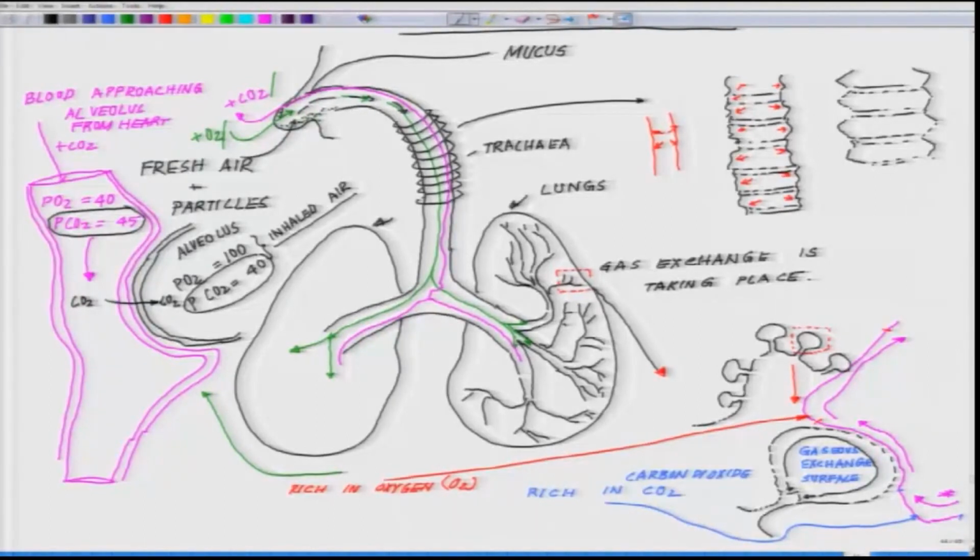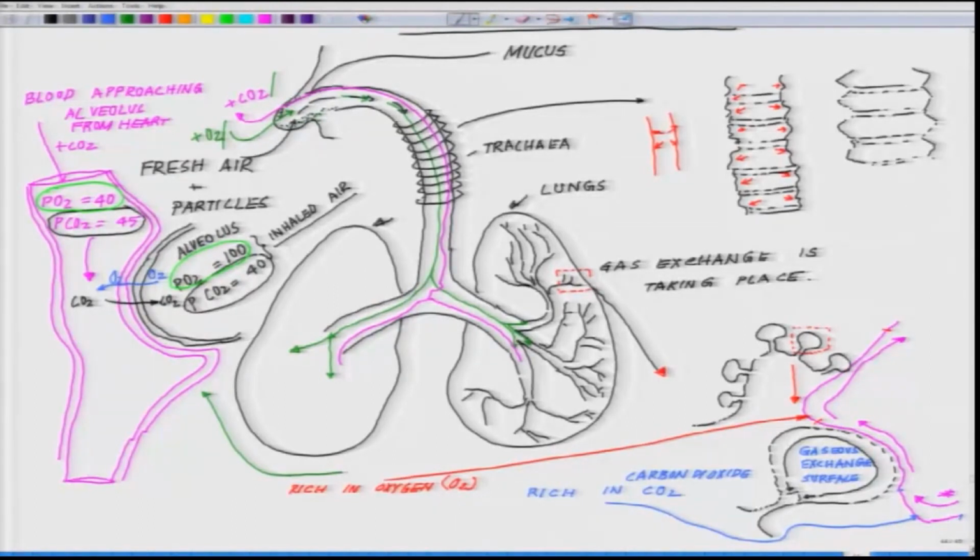Now if we look at the oxygen numbers, PCO2 is sitting at 40, whereas PO2 here is 100. So automatically oxygen will be traveling from the alveolus to this chamber. Okay? So this is how the exchange is taking place.